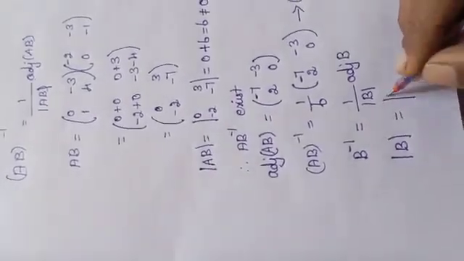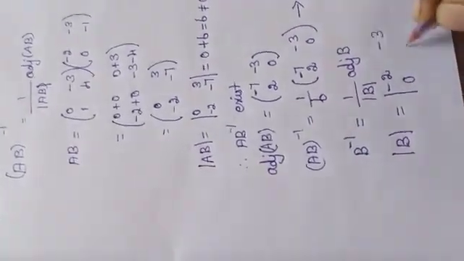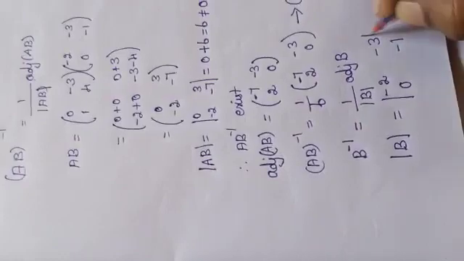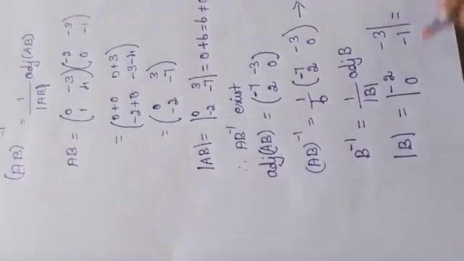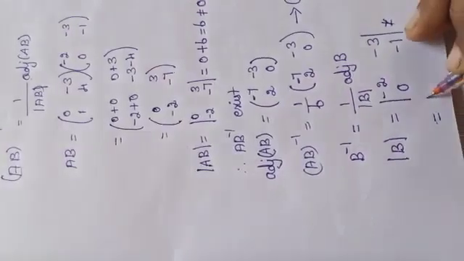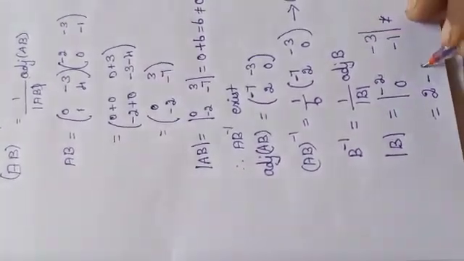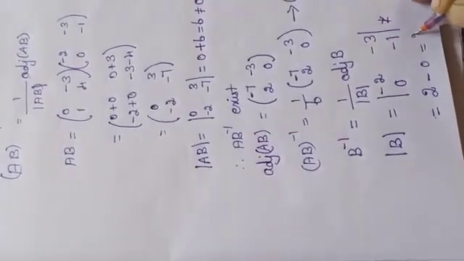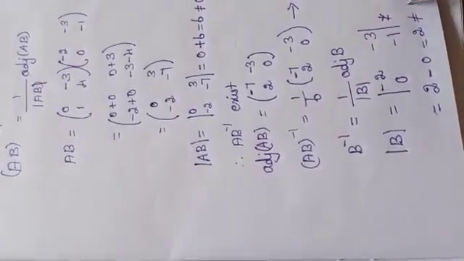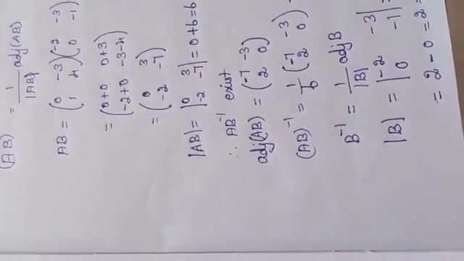The value of B is minus 2, minus 3, 0, minus 1. So what will we be getting? I can write here: minus 2 into minus 1 is plus 2, minus 0 into minus 3, that is 0, which is equal to 2. This is not equal to 0. Therefore, what can we write? B inverse exists.